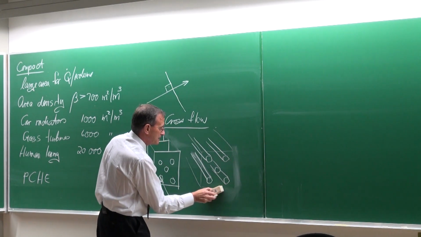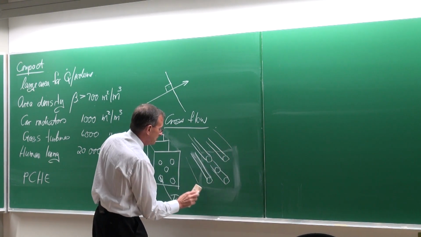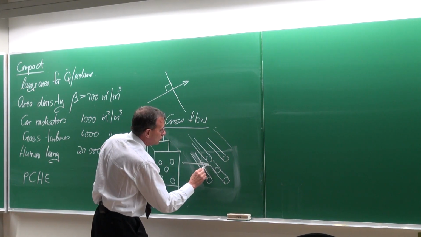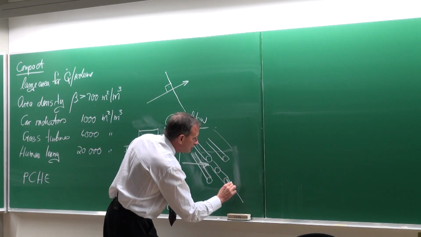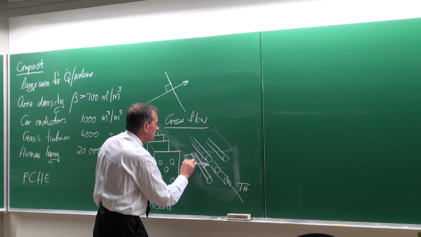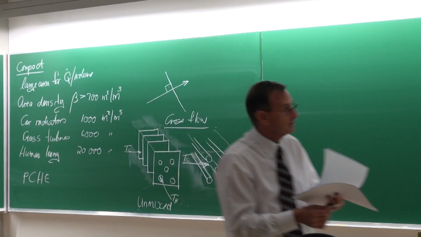So we do not have this frame of plates. It is only the tubes, like that, and we've got the one fluid going through the tubes, and then the other fluid going over the tubes in a perpendicular direction.